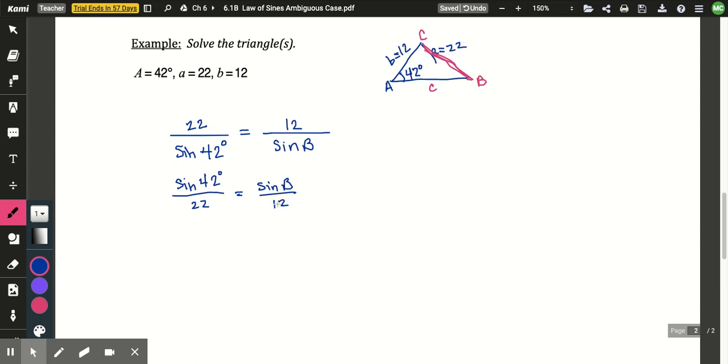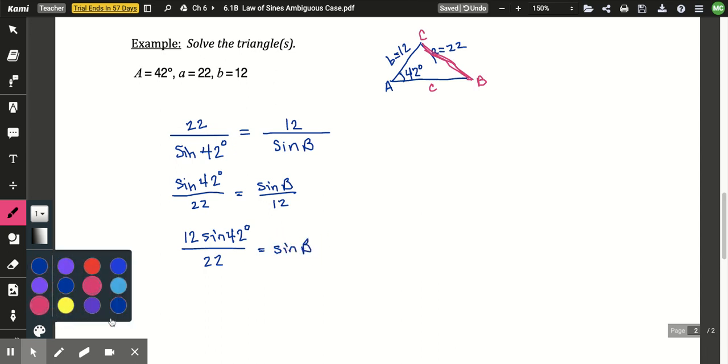All right, so now to solve for B, I would start by multiplying both sides by 12. So that would make this say 12 sine 42 degrees over 22 is equal to sine of B. And now, in order to solve for B, I have to undo a sine.